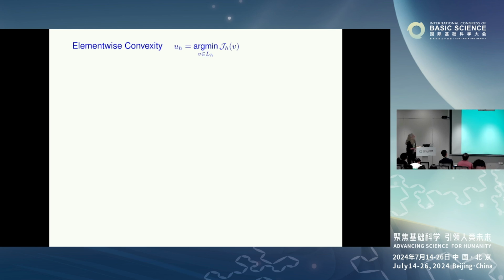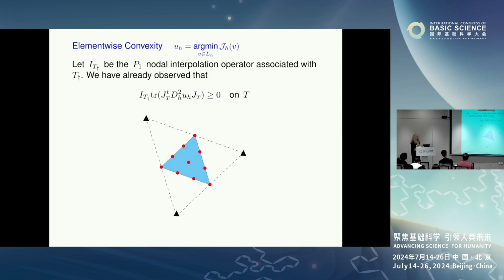So let me now demonstrate the element-wise convexity of our minimizer UH. By construction, the scaled Laplacian of UH is non-negative at the vertices of our larger triangle T dagger. Therefore, the P1 nodal interpolant on the larger triangle is also non-negative. Consequently, it's also non-negative on our triangle T in blue.